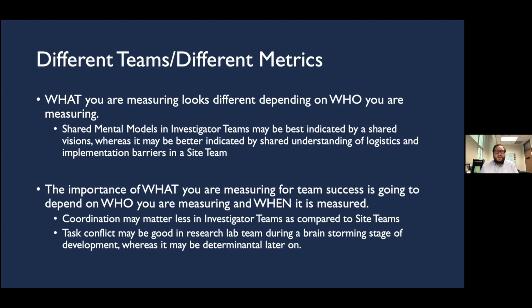But later on, say, after you've designed your experiment and are running participants, task conflict may be detrimental to team performance because it's not producing the innovation at the correct time. So you can measure a whole bunch of people, and different teams will require different metrics depending on when you are measuring them.